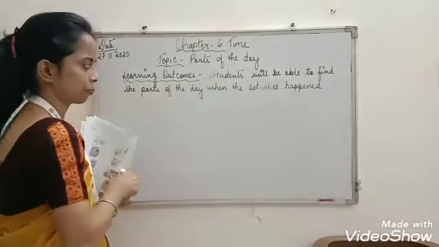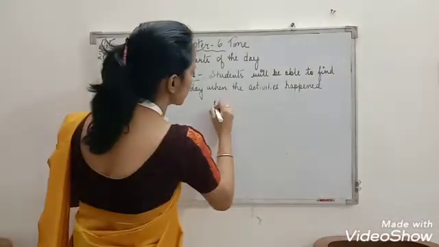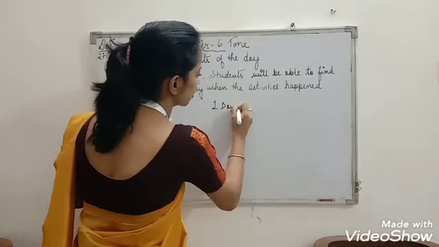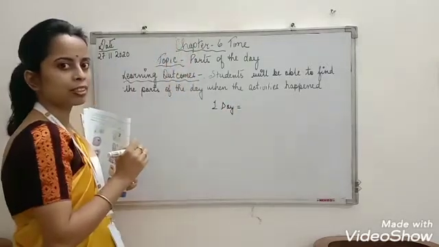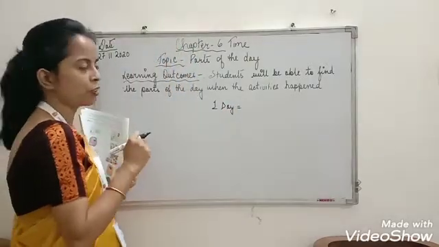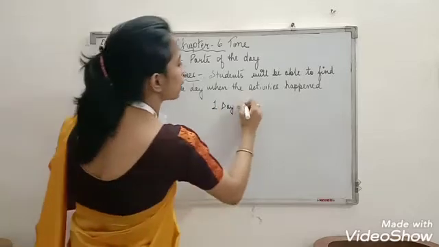Now tell me, one day is equal to how many hours? One day is equal to 24 hours.